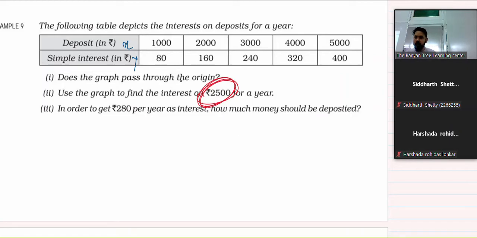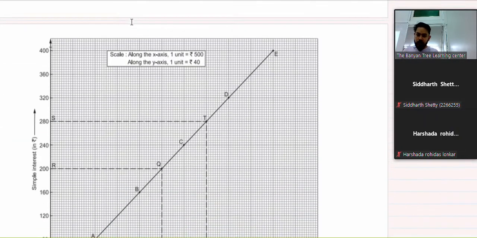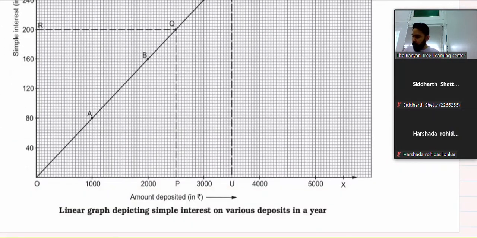What is this? This is the deposit, and you have to find the interest. So where is 2,500? On which axis? X-axis, right? Because it's deposit. It lies in between 2,000 and 3,000, but we have not plotted that point. So what we'll do is, in the graph, we'll find that point.